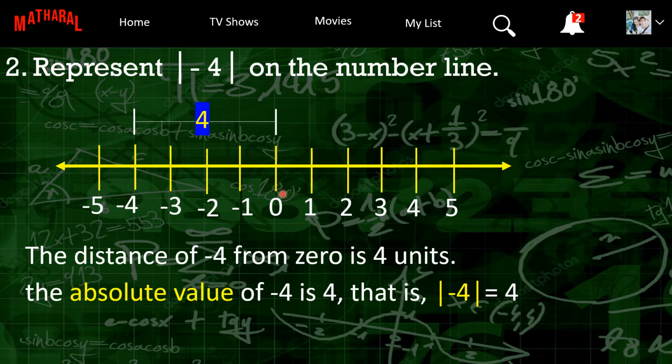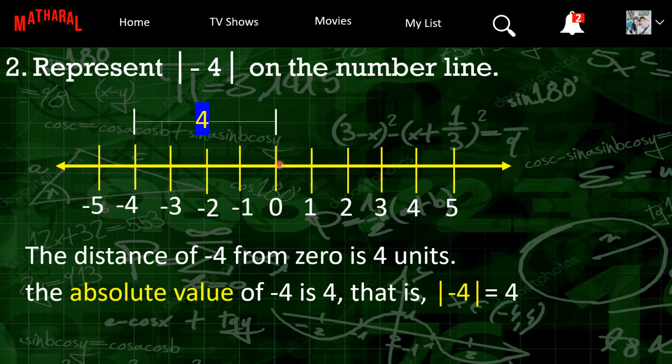So label the number line with integers from 0 to its right up to 5, and to its left down to negative 5. So in here, we're going to point out 0 down to negative 4.